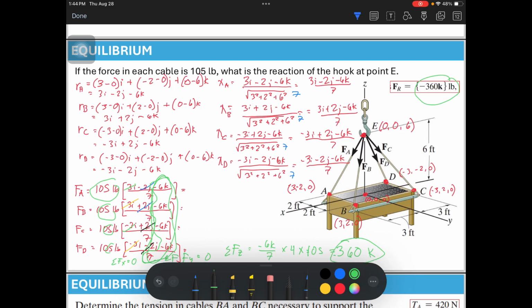So this is your resultant. That is your summation of Fz, which equates to your resultant, because if you use the Pythagorean theorem, it is the same. Let's show it.